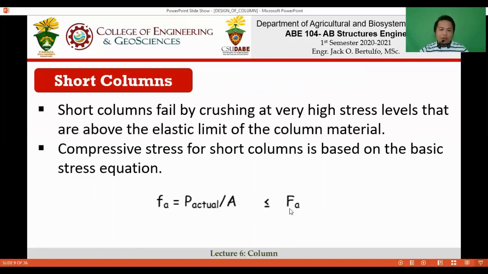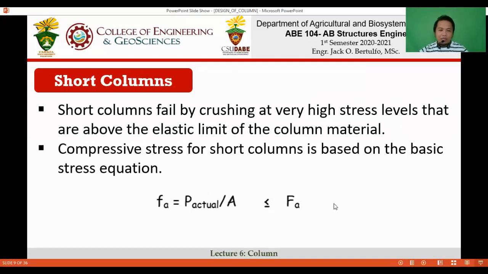This capital F_A here is the allowable compressive stress. So you will just remember if this value here, the small f, will exceed this value, then your structure will fail. So always very basic na ito, ginabalik-balik siya.